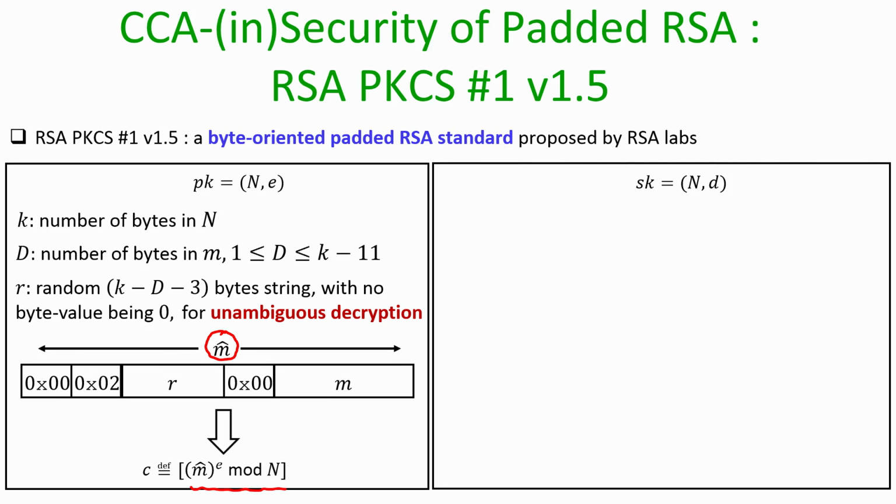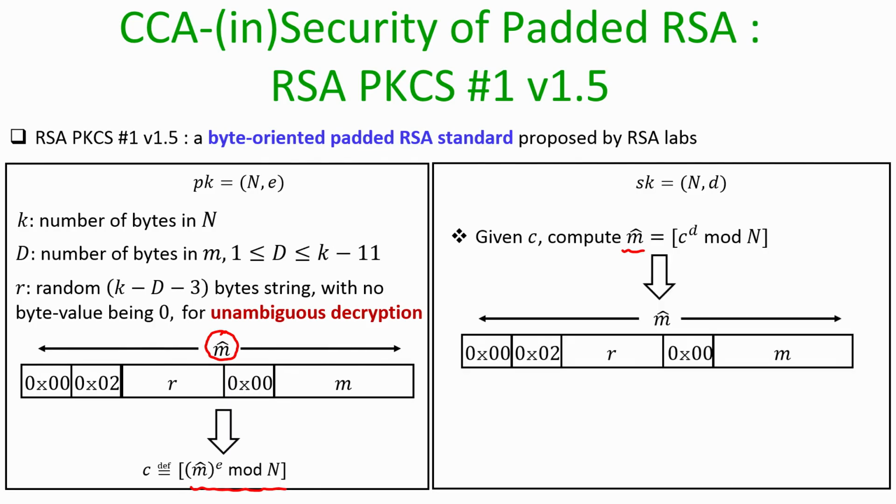To do the decryption, if the receiver receives a ciphertext little c, it computes c to the power d modulo n to recover the padded group element m hat, and since it knows the expected format of m hat, it parses m hat as a sequence of bytes, checking whether the first byte is 0 and the second byte is 2.